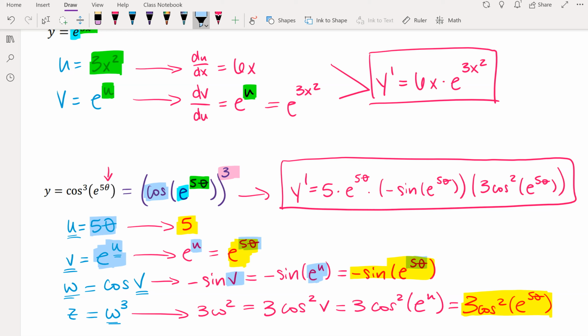See how I'm plugging back in what I called my original variables. W was cosine v, so that's why I put cosine v here, but v was e to the u, so that's why I put e to the u here, and then u is 5 theta, so that's why I put 5 theta here. All right, I know that looks kind of crazy.